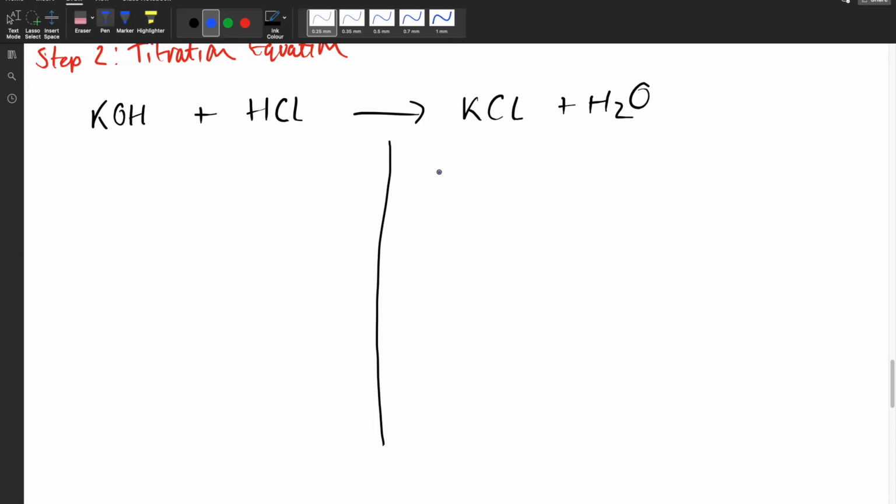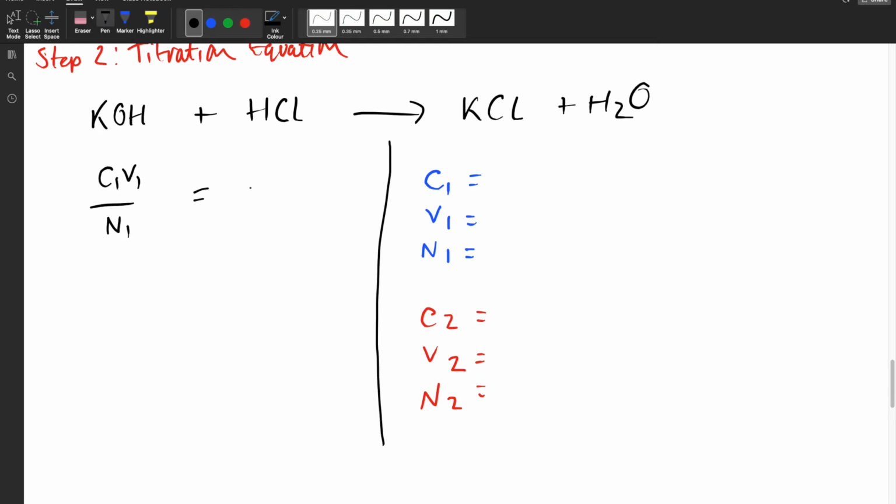So again, we're going to put our C1, V1, N1, and then our C2, V2, N2. And we're going to put our titration equation in. C1, V1 over N1 equals C2, V2 over N2.